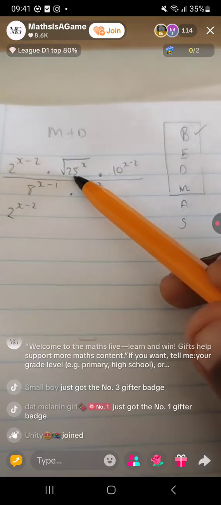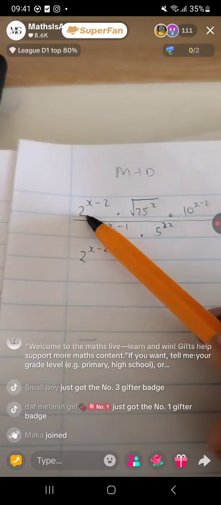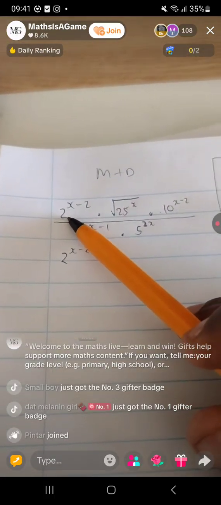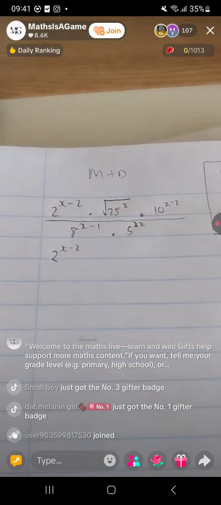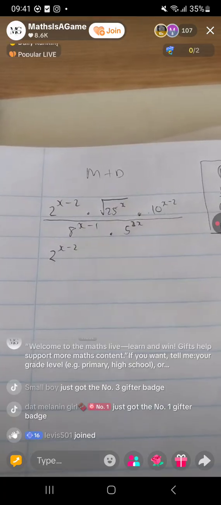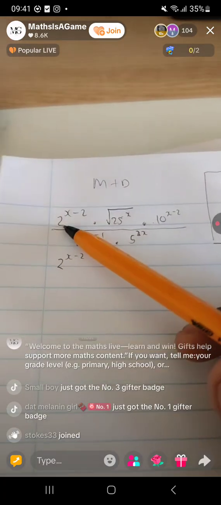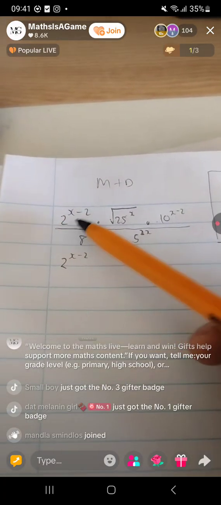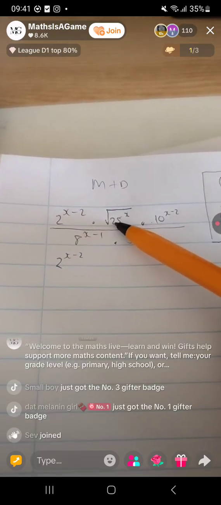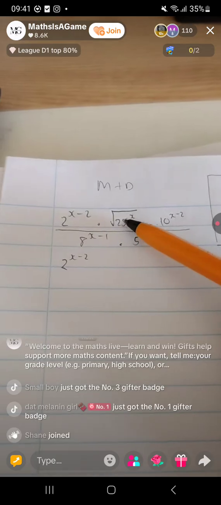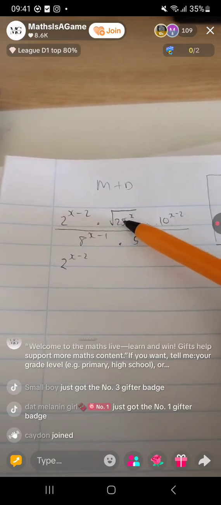For instance, 25 has more than 2 factors. 2 is not composite, 2 is a prime base. A prime number is a number that has 2 factors only, 1 and itself. So the factors of 2 are 1 and 2. 25 is not a prime base, it's a composite base. It has more than 2 factors. So we are going to convert this.